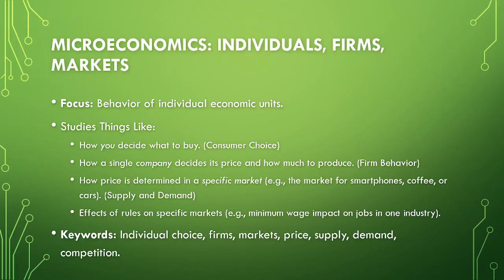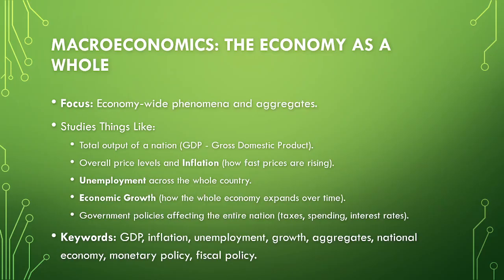That again comes under microeconomics because it's specific market supply and demand. Micro is all about the decisions of individual people, single businesses and specific markets. It's the building blocks.